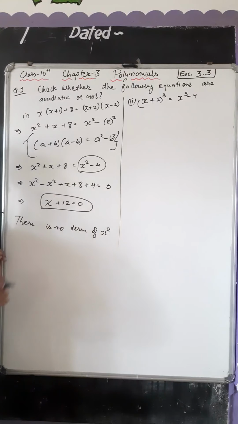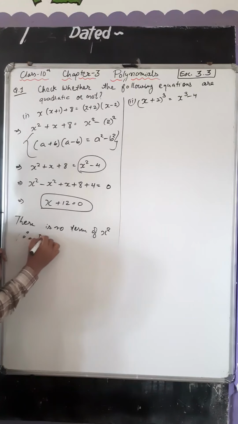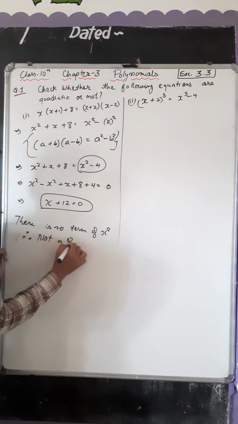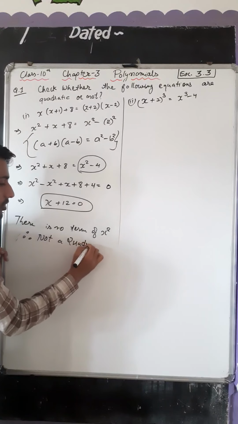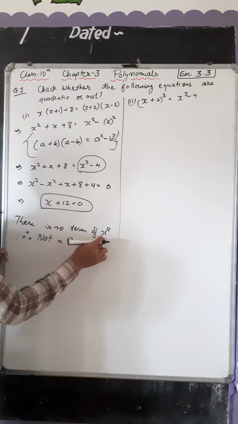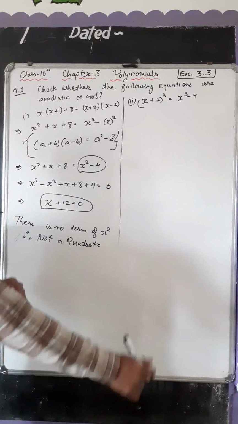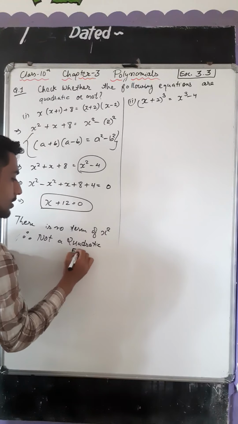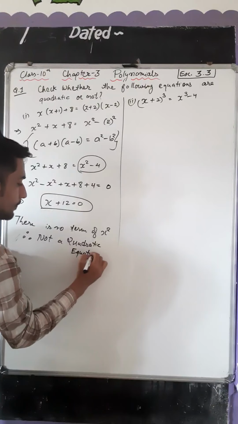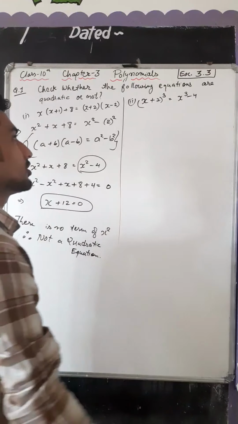Is there any term of x square? No. Therefore, what will you write? Therefore, not a quadratic equation. Where there is no x square term, it will not be a quadratic equation. Okay, one question is solved.